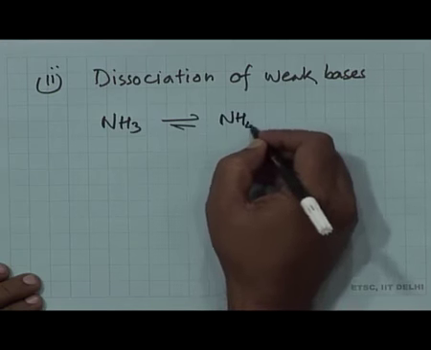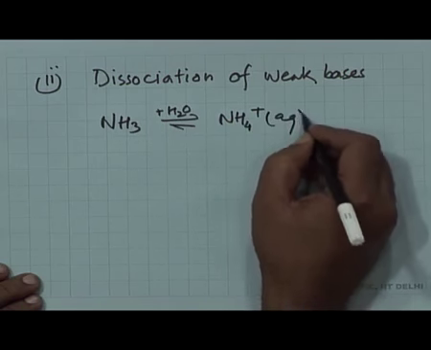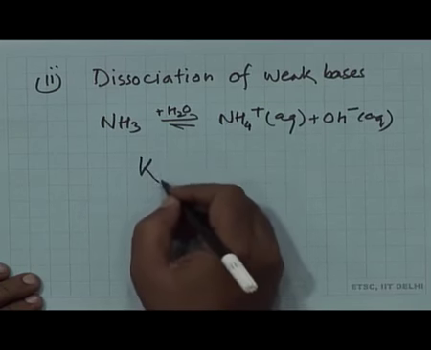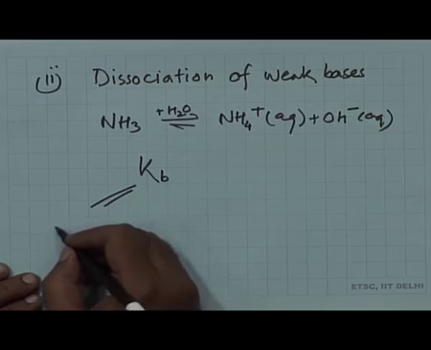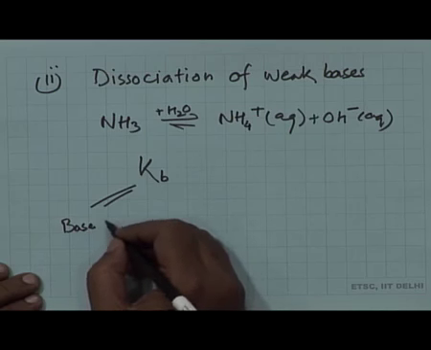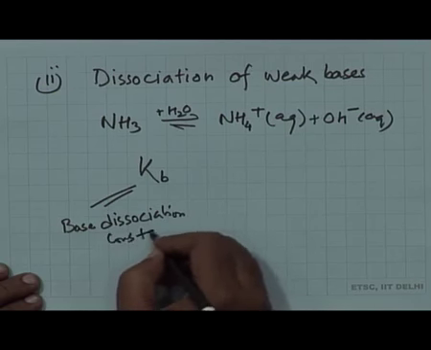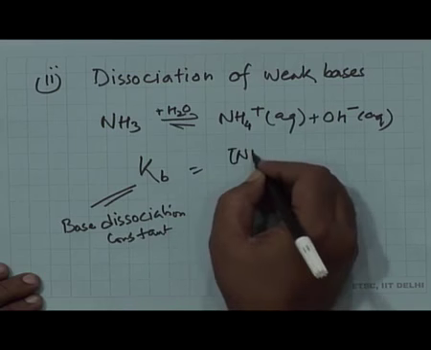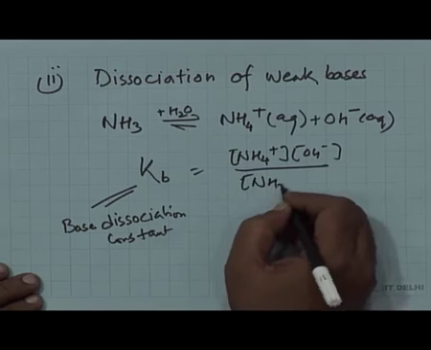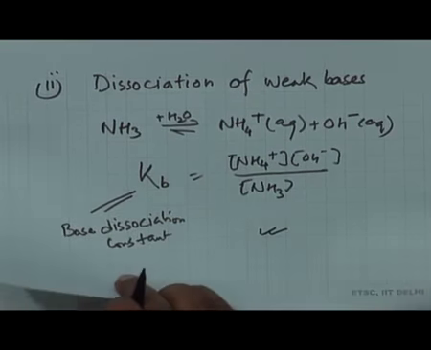In water, it will give you NH4 plus aqueous plus OH minus aqueous, and then again we can write K. Here we can say this is the base dissociation constant, and that is equal to ammonium plus OH minus by NH3. So, this is the way we can apply the concept of equilibrium.